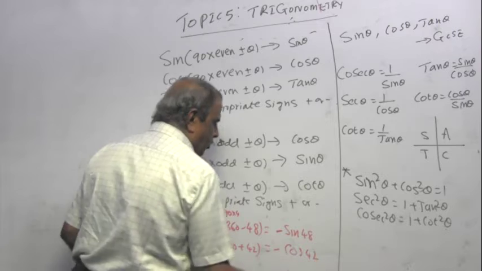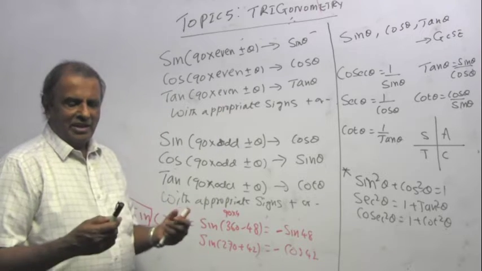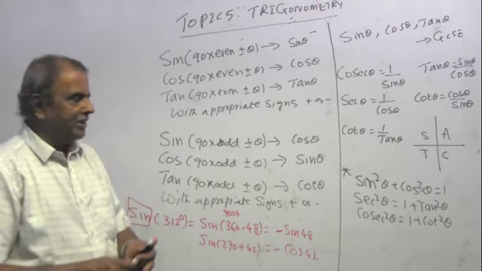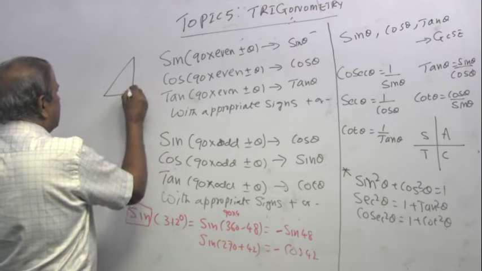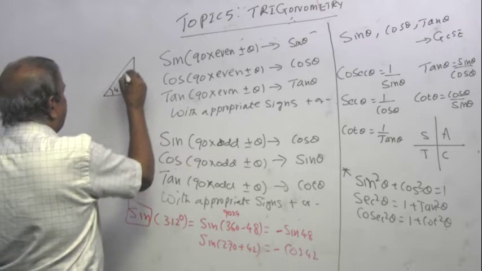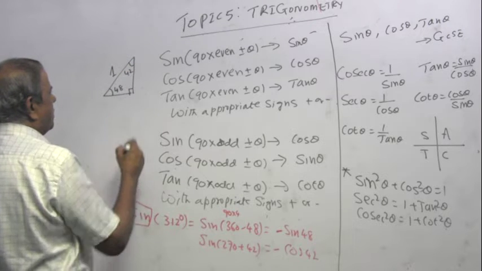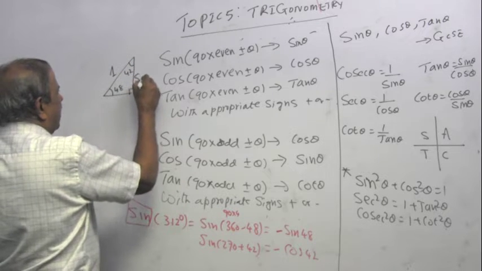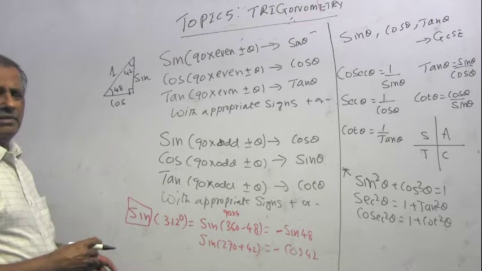You might be wondering, sir, what's wrong with you? But if you look at it, if you have a right angle triangle, if this angle is 48, that angle is 42, let's assume the hypotenuse is 1. So do you agree the opposite is sine, the adjacent is cos? Yeah?